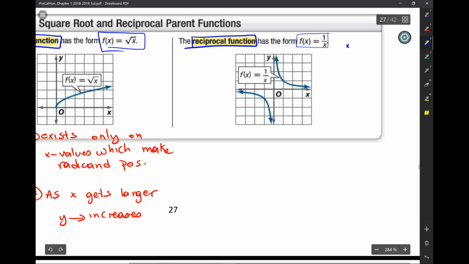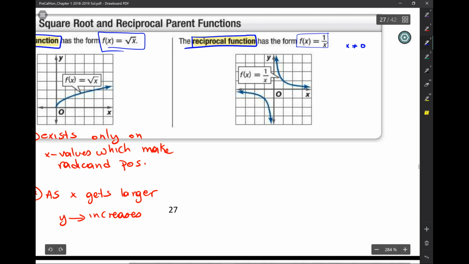So x can't be 0. Okay, so let's look at y. If x is positive, is y positive or negative? Positive. So when x is positive, y is positive, above the x-axis. When x is negative, where's y? Negative, below the x-axis. Okay?